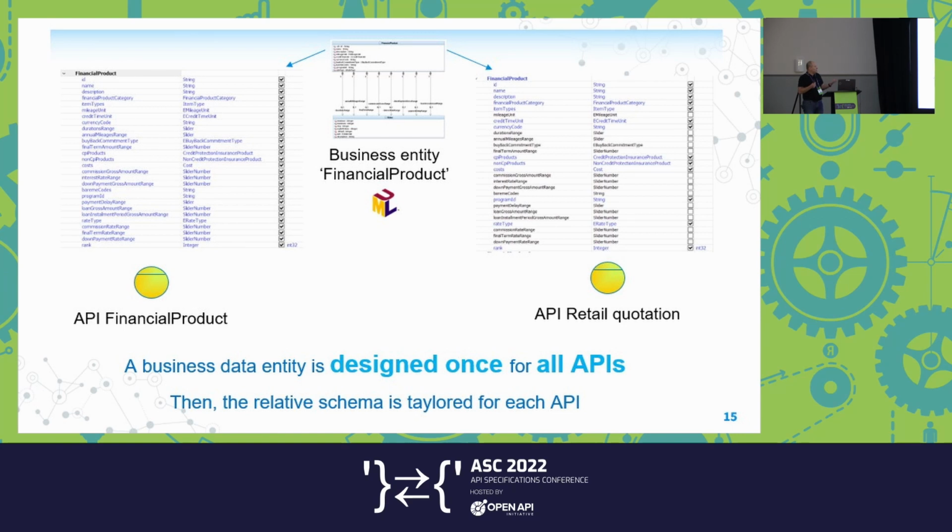We have exactly the number of Open API schema, no more, no less. And of course, in the UML model, if the business entity evolves, you add a new property, or you remove property, you change the description, everything, it's automatic. The impact on all API is automatically computed.